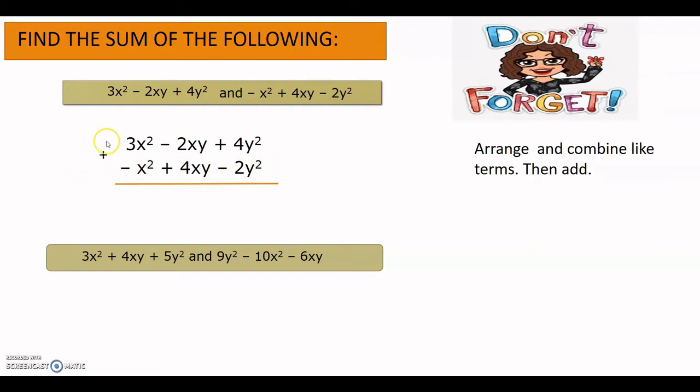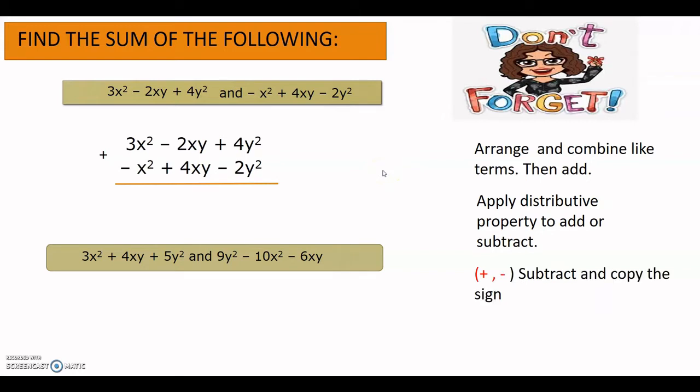Then we will add. We already arranged according to exponent and like terms. So here we have 3x squared plus negative x squared. Remember, apply the distributive property to add or subtract.